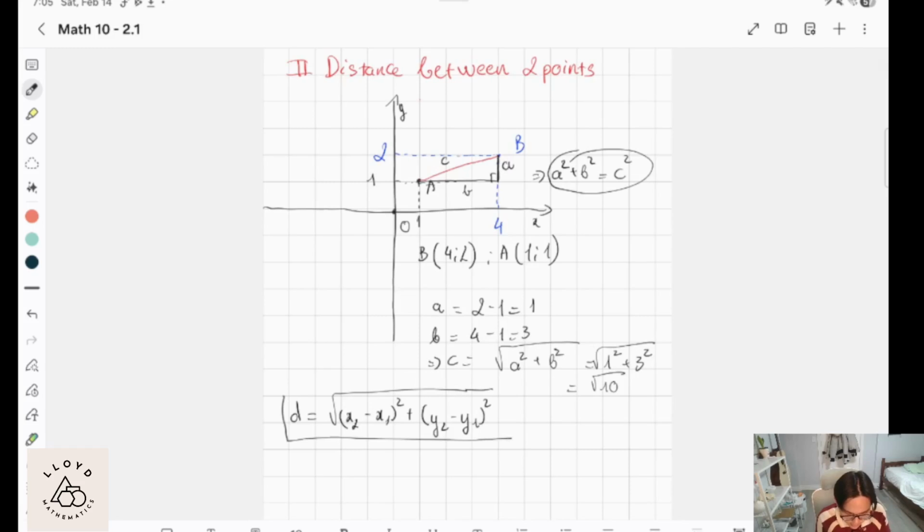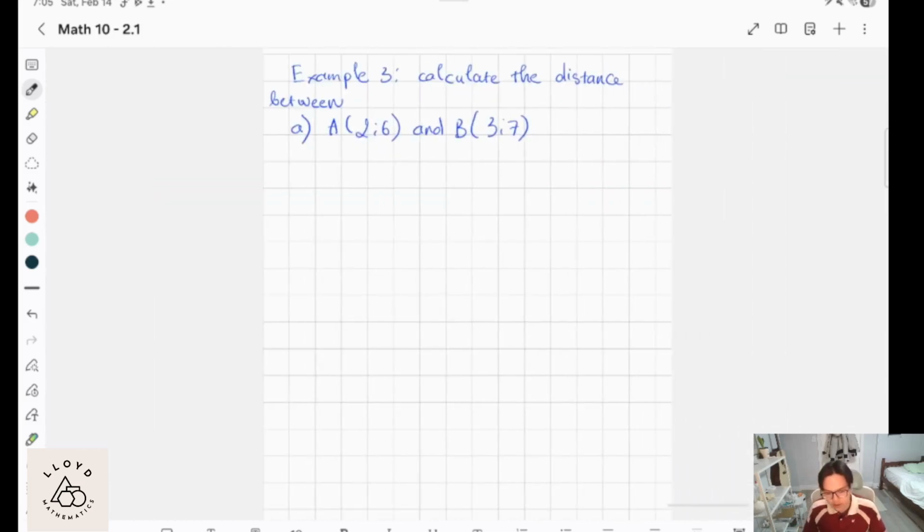Okay, with this, how can we apply it to the example in the question? So let's try this example. Calculate the distance. A is (2, 6) and B is (3, 7).